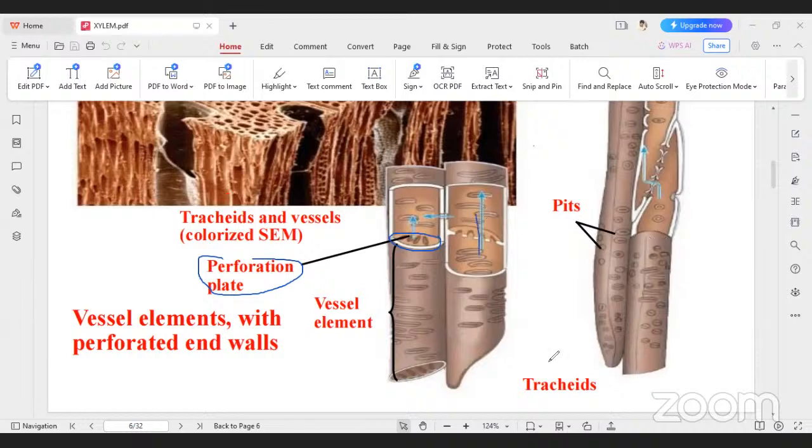If we observe how water moves in tracheids, it moves through the pits, in a cross section like this. As I told you, tracheids have tapering ends, sharp tapering ends. This is one tracheid, and let's change color, another tracheid in green, arranged like this.